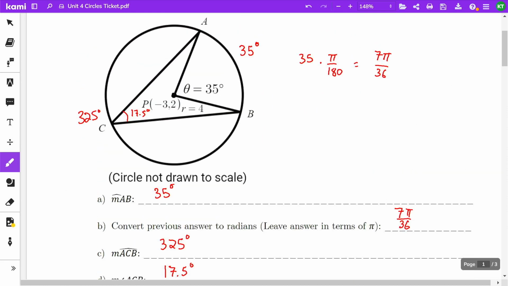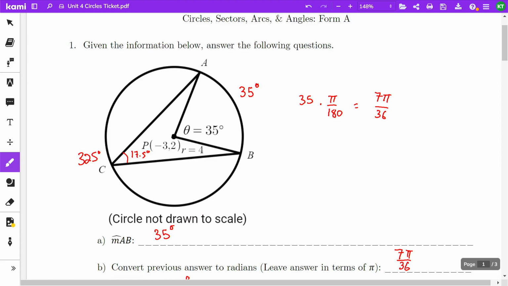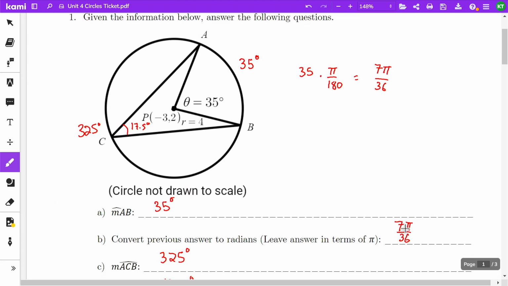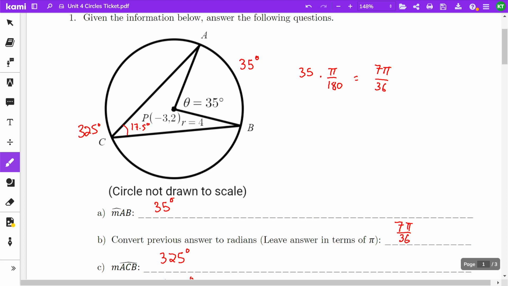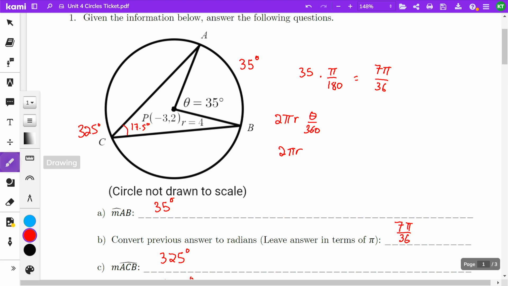So for the length of AB, we're going to use our radian measure, because that's going to be easier to solve for. The formula generally for finding arc length is 2 pi r times theta over 360, or 2 pi r times theta over 2 pi.